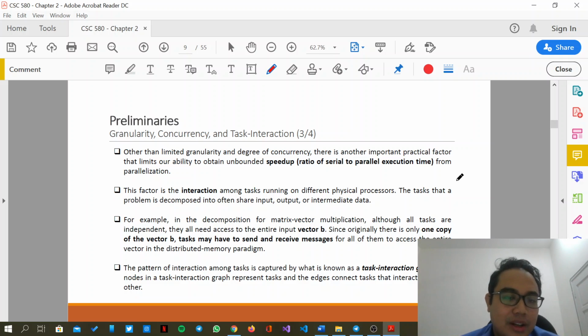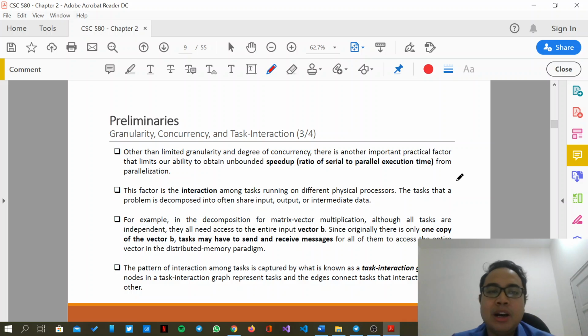Alright, so other than limited granularity and degree of concurrency, there is another important practical factor that limits our ability to obtain unbounded speed up. Okay, speed up ni basically dia ratio between parallel and serial execution time. Macam contohnya, we have 160 seconds to complete this program. So this program sequentially takes 160 seconds. Kalau kita pakai parallel, contoh dia boleh kurangkan time dia in 90 seconds, for example.